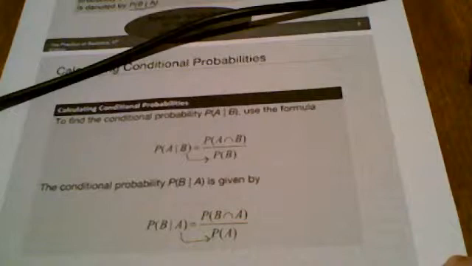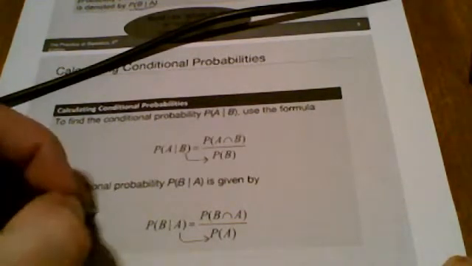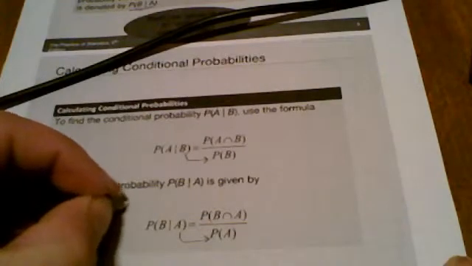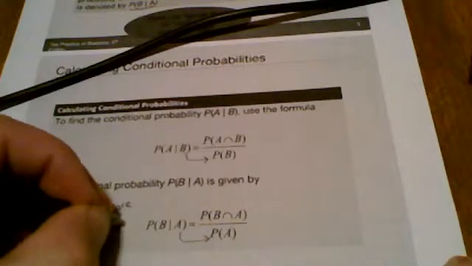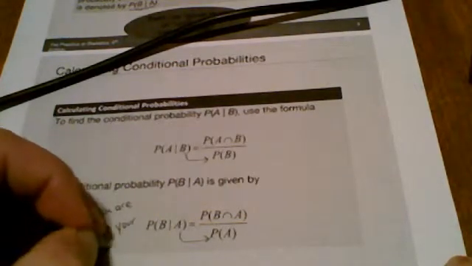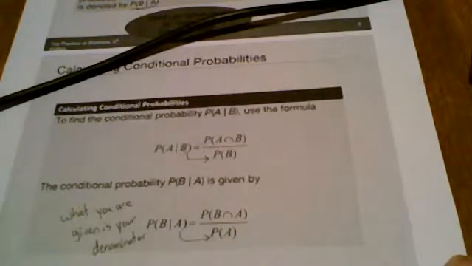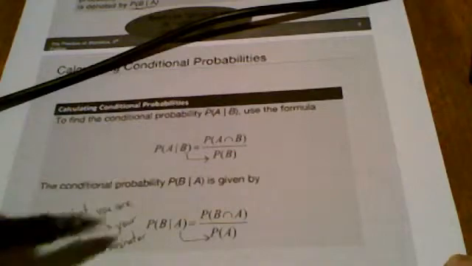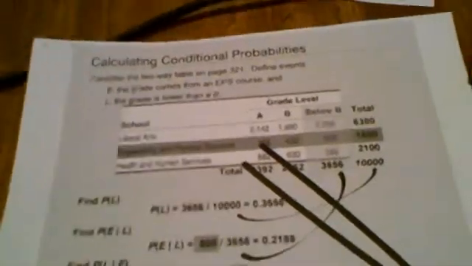So what we like to say is what you are given is your denominator. So you won't always be dividing by 1, you'll actually be dividing by the probability that you're given as we go into these examples. So if you'll turn to page 5, I'll get that out of the way.